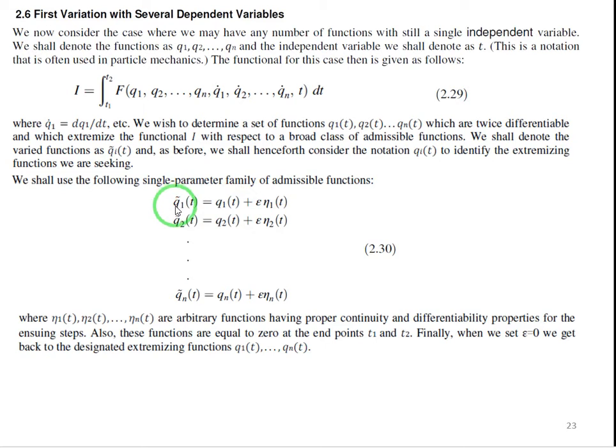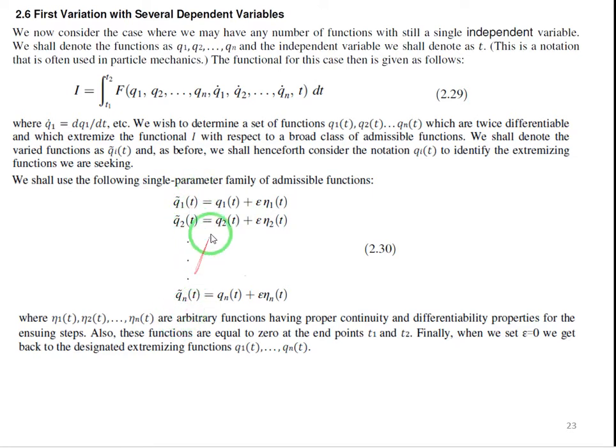Let's say that q tilde 1 is q1 plus epsilon eta 1. q tilde 2 is q2 plus epsilon eta 2, and so on.